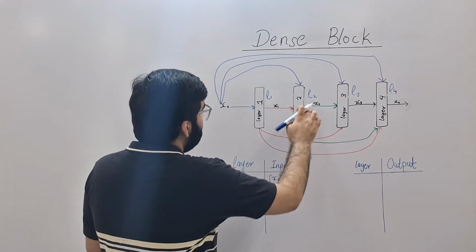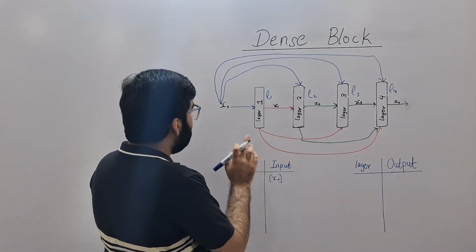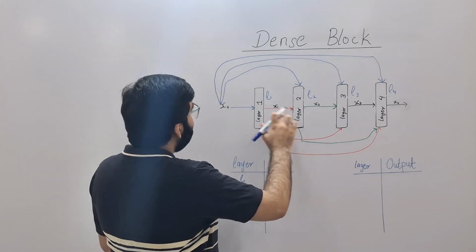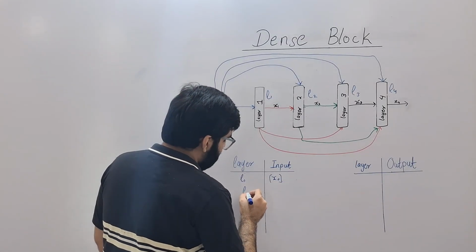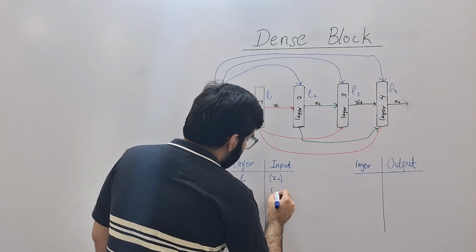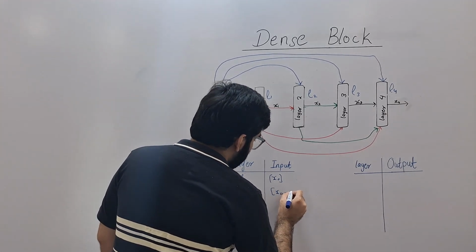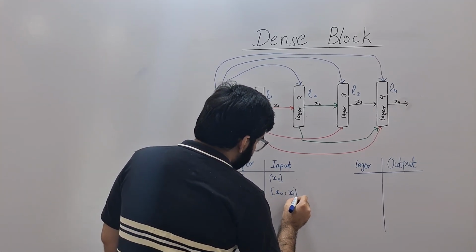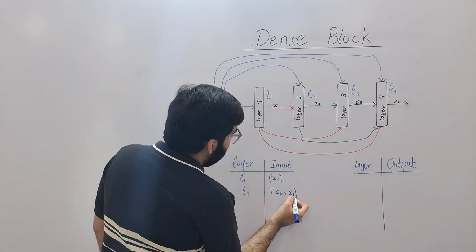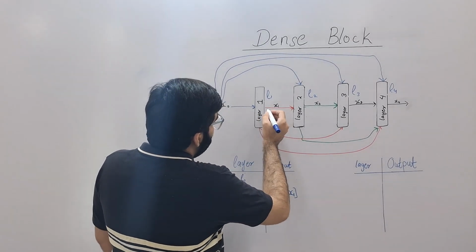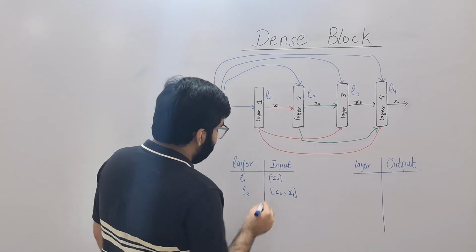The input to layer 2, that is L2, is the concatenation of x1 and this input image. We can write the concatenation as [x0, x1]. This is the input image, x0, and x1 is the output of the previous layer, which is L1.